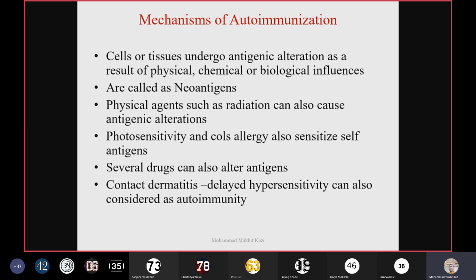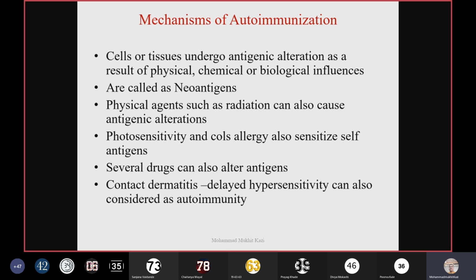Sometimes photosensitivity and cold allergy also sensitize self-antigens. Several drugs can also alter antigens. I told you in one of the lectures I'm allergic to some penicillins. So that can also lead to a change in the structure of the antigen.